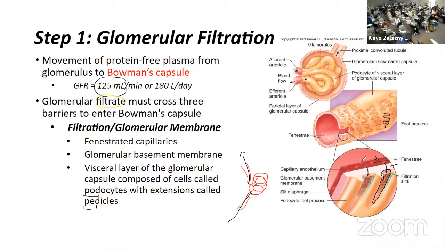Okay. So we got to go through the capillary endothelium, the basement membrane, and then we cross through these filtration slits among the podocyte foot processes. Okay. So that takes us from inside this capillary, the glomerulus, and into this space, which is Bowman's space.